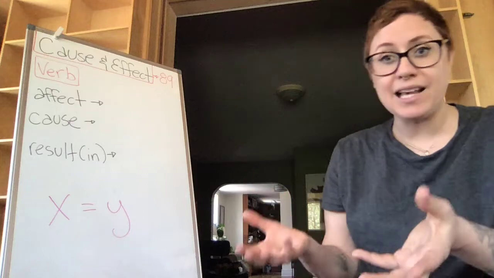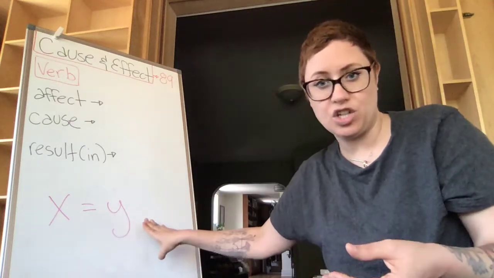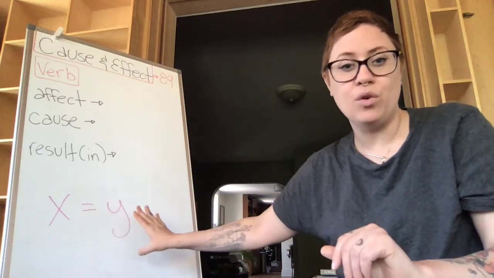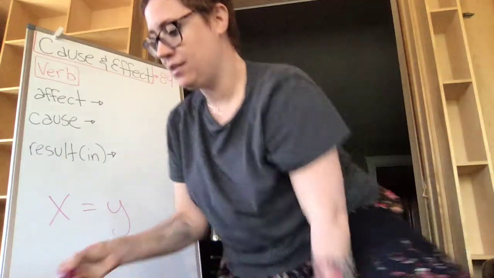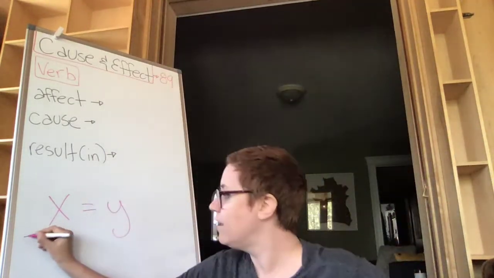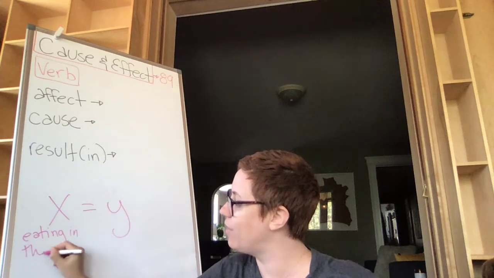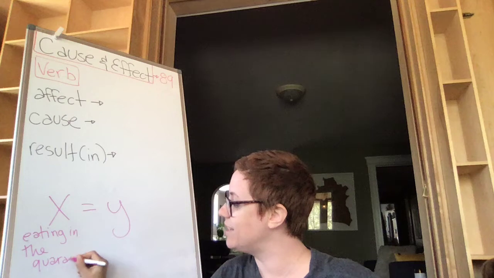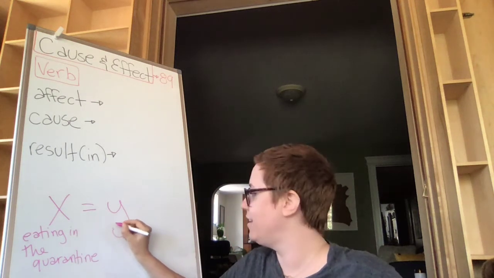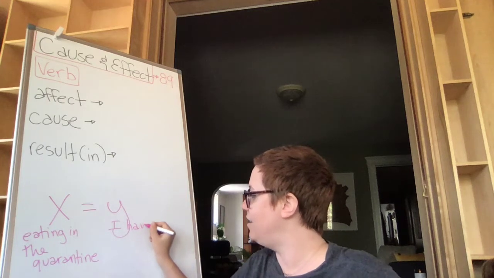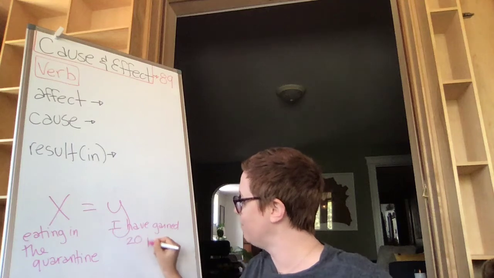Okay. So basically, what we are trying to describe today is this relationship, X equals Y. So X might be eating in the quarantine, and Y is I have gained 20 pounds.